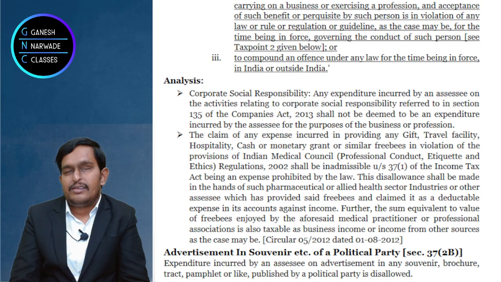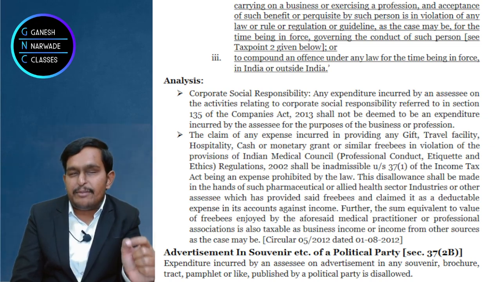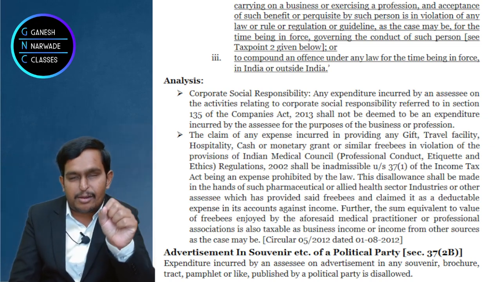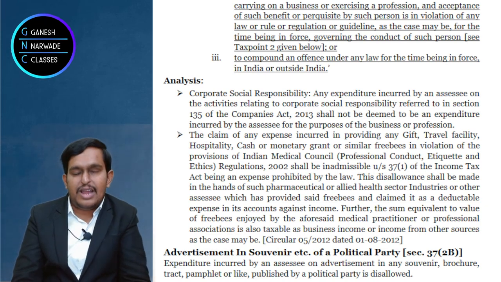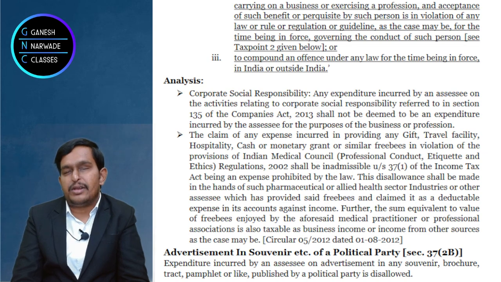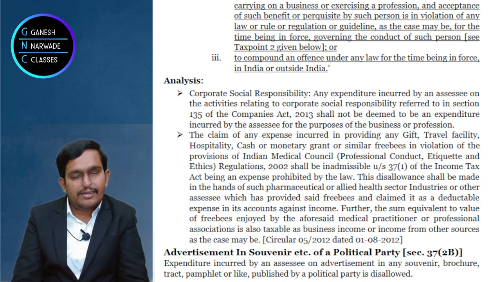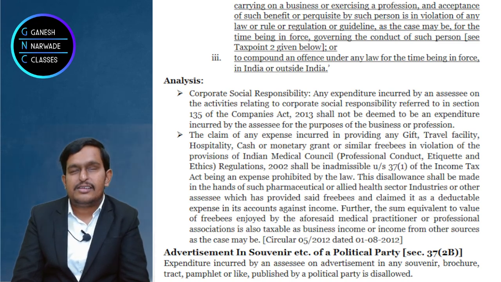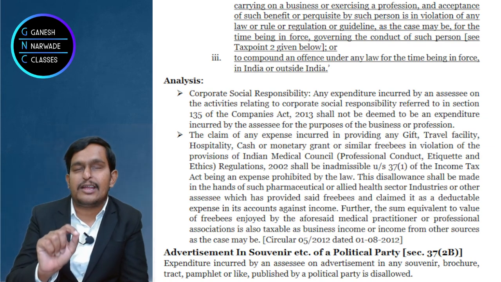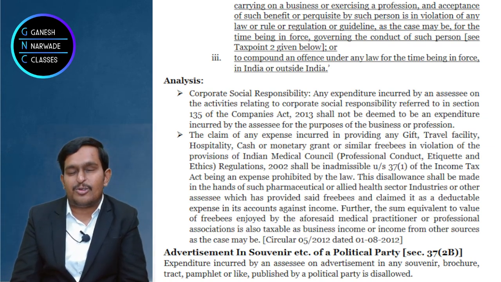So the companies want to claim the freebies they are distributing to doctors as deduction. Is it allowed for the companies? Such expenditure is not allowed as deduction. Moreover, because the doctors received it, it becomes income under business and profession or under other sources and will be taxable to the doctor.